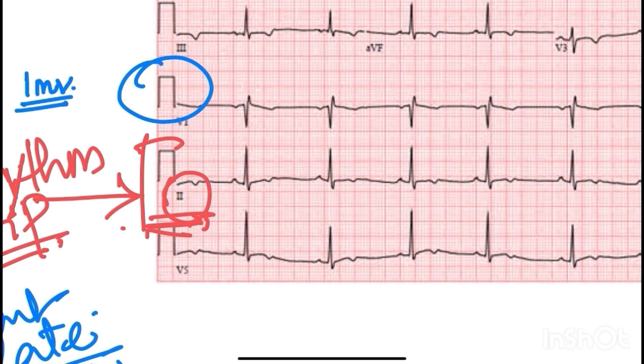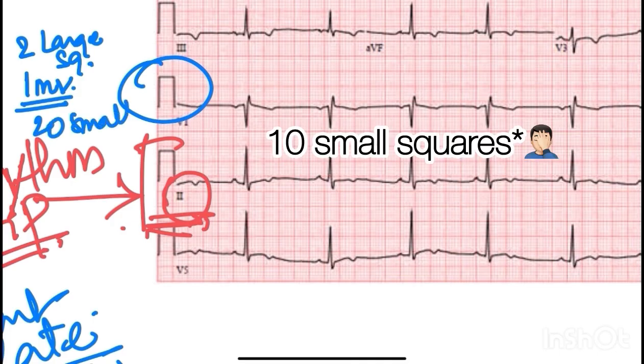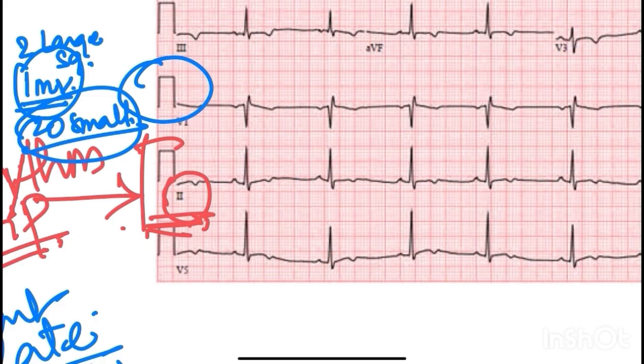When it is 1 millivolt, that means it would contain 2 large squares or 20 small squares. So if that contains 20 small squares and that corresponds to 1 millivolt, that means your ECG is correct and calibrated. You can make the observation. But if it is not there, then you have to ask the patient to get the ECG done again.